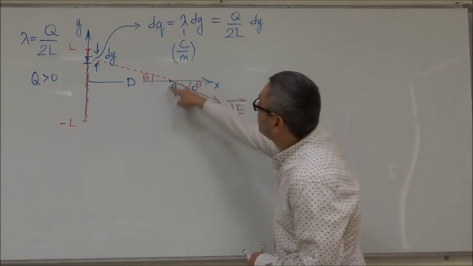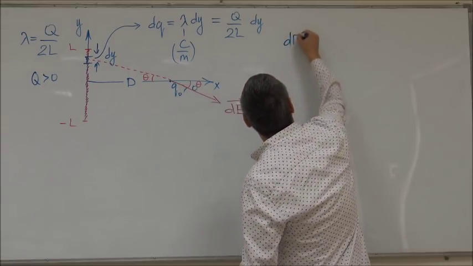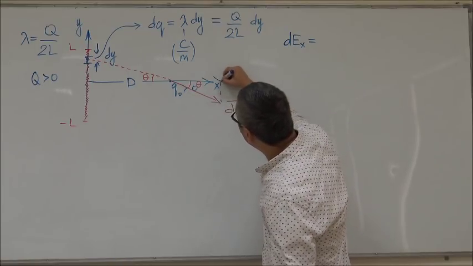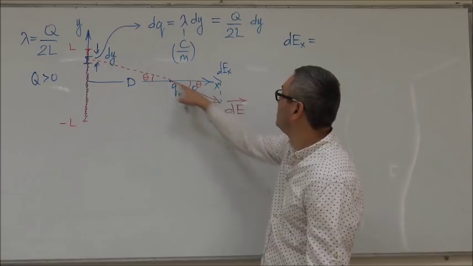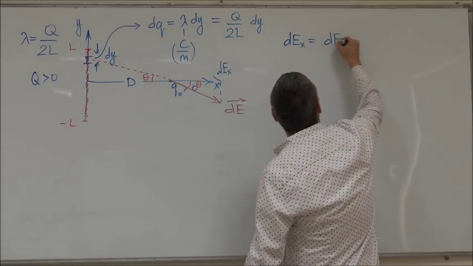Well, if you look at this triangle here, dE with a subscript x, which is pointing in this direction, is equal to dE times cosine theta.